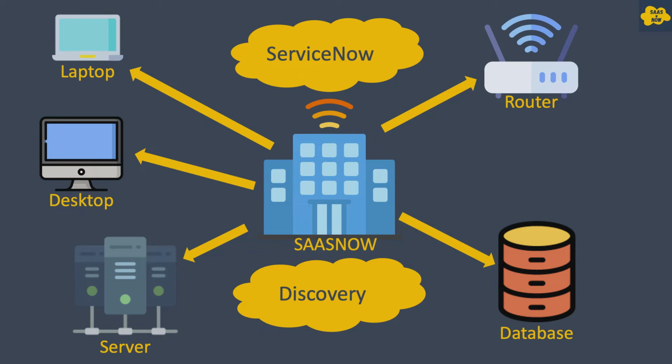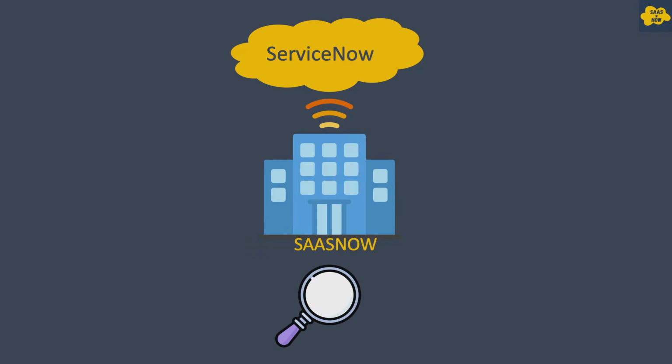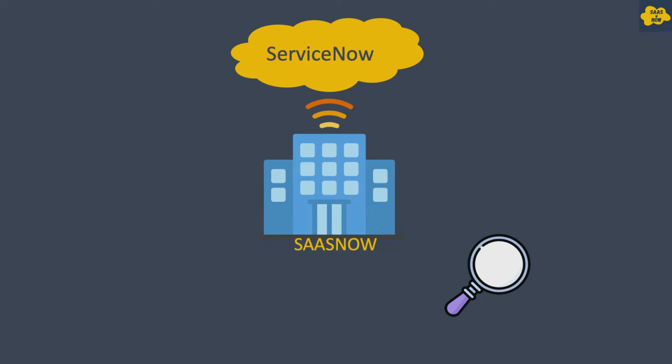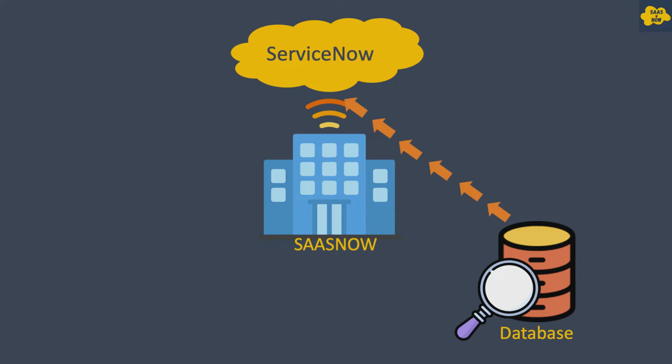Once you have implemented discovery, it will start searching those devices with the help of mid-server and configurations. It will start search and find all database instances of that company and send that information back to ServiceNow and update it in CMDB.